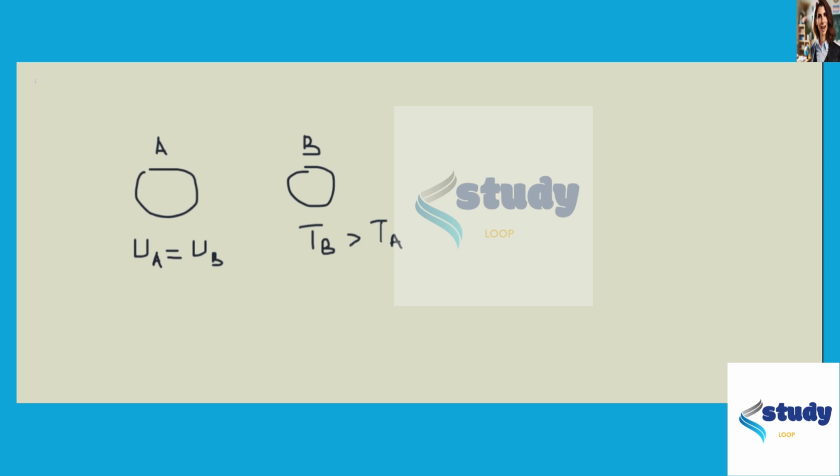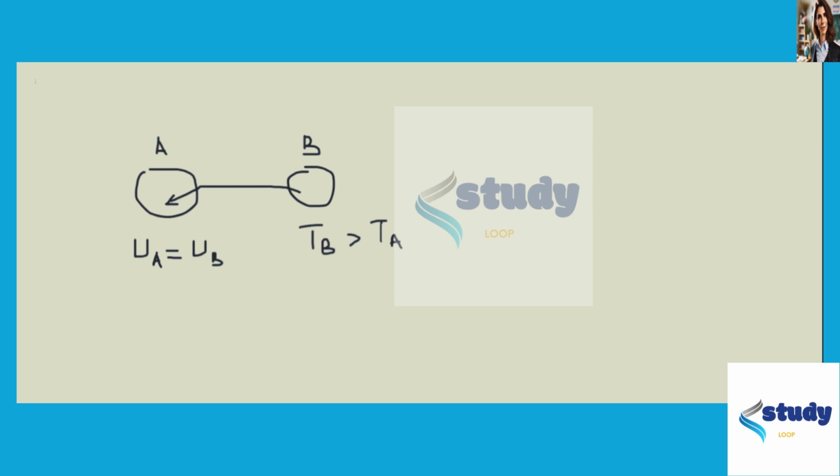Because the size of object B is smaller than the size of object A, and we know that the total internal energy is the grand sum of kinetic and potential energies, if its total internal energy is equal to that of object A, then it is only possible if its temperature is greater than the temperature of object A.